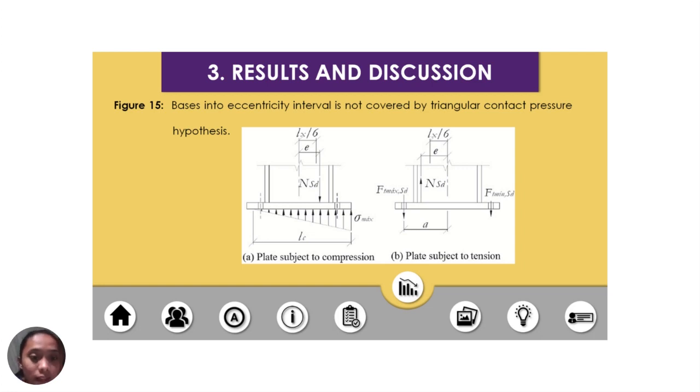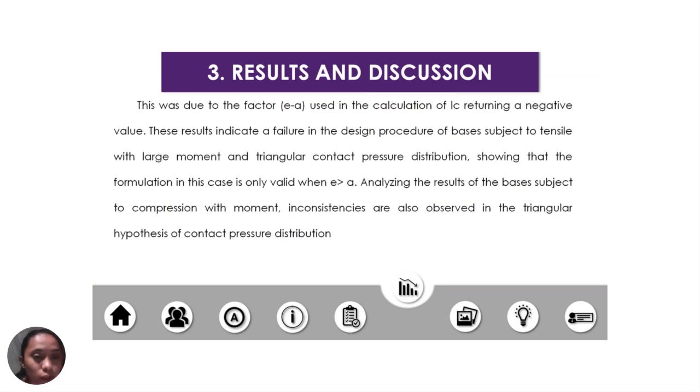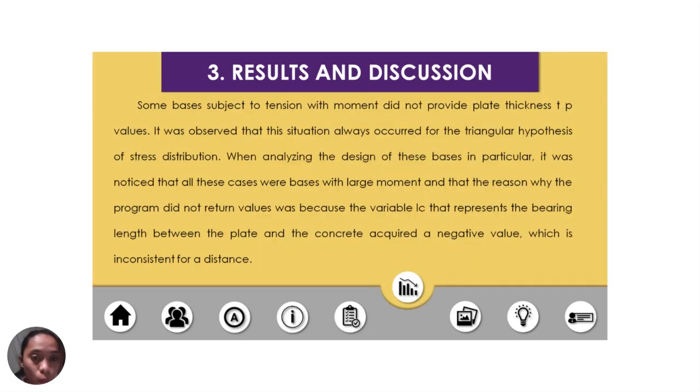This is figure 15A, which is a plate subject to compression. Figure 15B is subject to tension. This was due to the factor E minus A used in the calculation of LC returning a negative value. The bearing length between the plate and the concrete acquired a negative value, which is inconsistent for a distance.